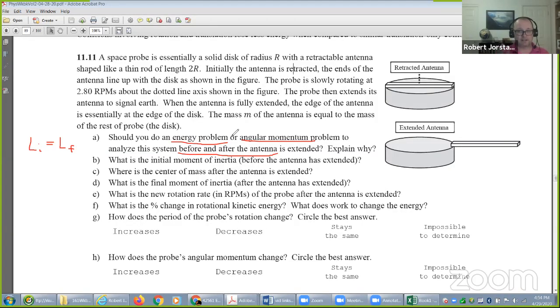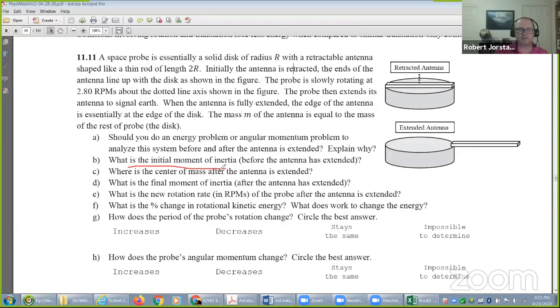I don't know if it's going to go up or down, but there's some battery inside this device, and that battery is converting chemical potential energy and doing work on the antenna to move it. So in this problem, there's a weird source of energy. It's maybe a nuclear power or whatever source, and that's causing this thing to move out. So we don't know how that energy will affect the final and initial rotational energies, all right?